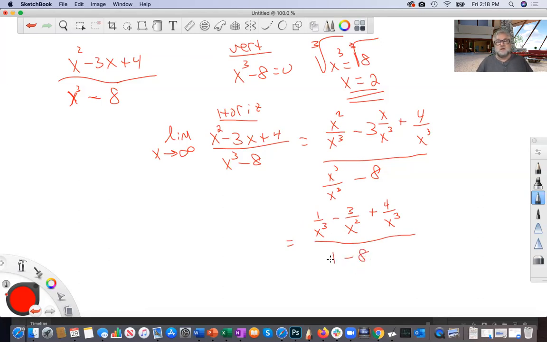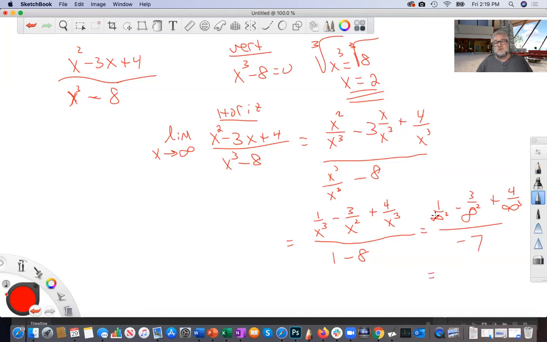Okay, well, I like that. Now we plug in infinity. So this will be 1 over infinity cubed minus 3 over infinity squared plus 4 over infinity cubed, all over 1 minus 8, which is minus 7. What's 1 over infinity going to be?